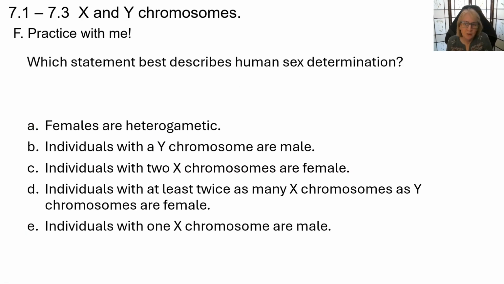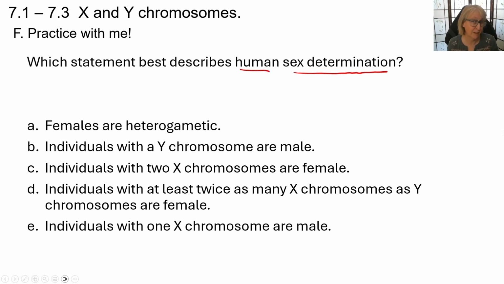Question 2. What describes human sex determination? Females are heterogametic. Individuals with a Y chromosome are male. And this is asking you sex determination. X chromosomes are female. Individuals with at least twice as many X chromosomes as Y are female. We'll bring that up.